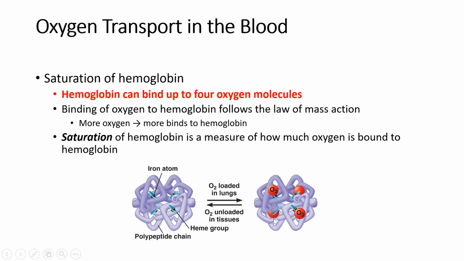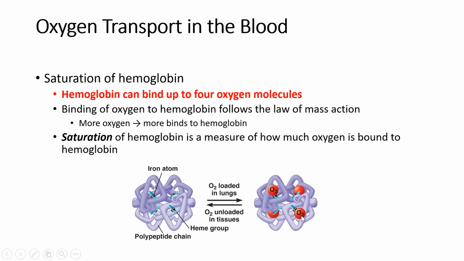And just to remind ourselves of the structure of hemoglobin here, we've got our 4 subunits, right, 2 alpha, 2 beta. In the center, we've got our 4 heme groups. And the iron that's contained in these heme groups is where that oxygen will ultimately bind. And so we can bind 4 of those oxygen molecules per hemoglobin.